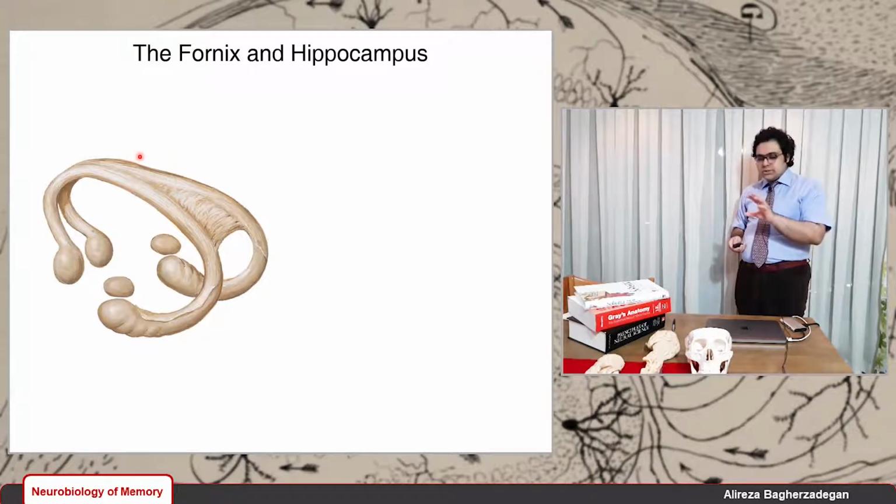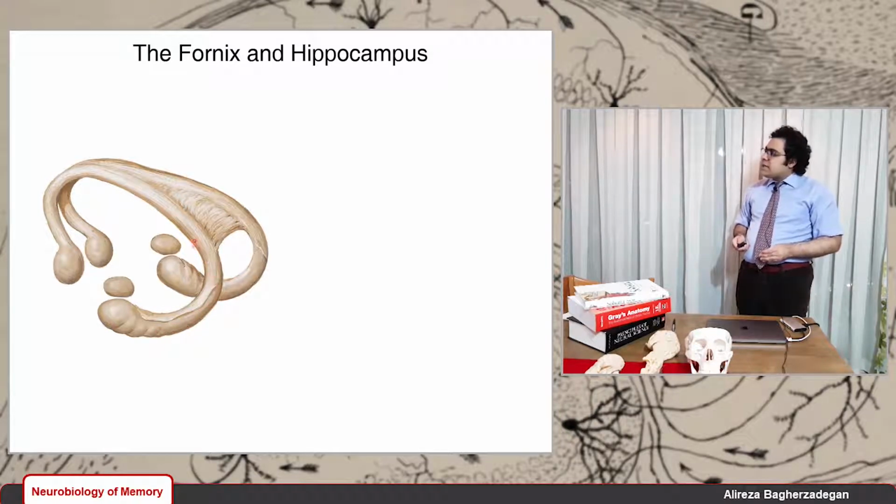Commissural fibers are just sets of nerve fibers that connect similar structures in the two cerebral hemispheres together. It starts from the tail of the hippocampus, and its body wraps around the thalamus, and then we have the columns of the fornix that are connected to these mammillary bodies of the hypothalamus.